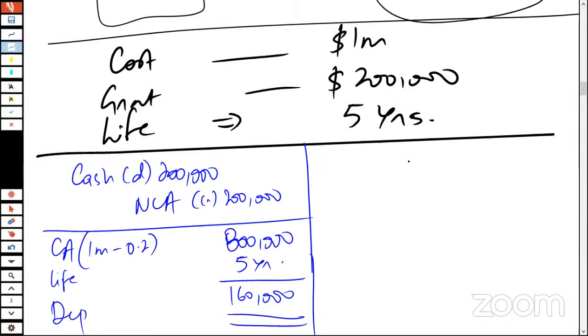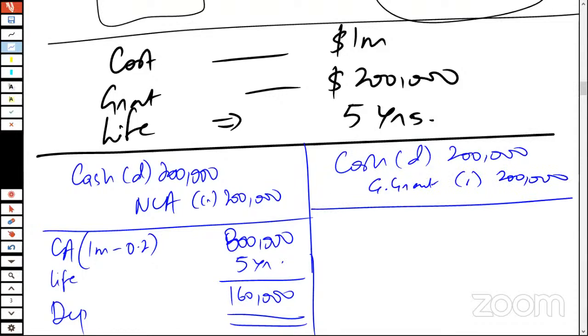Alternatively, you could say that cash is going to be debited by 200,000 and you would be recognizing the government grant as a liability of 200,000.